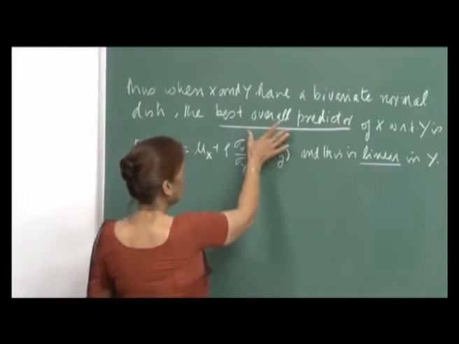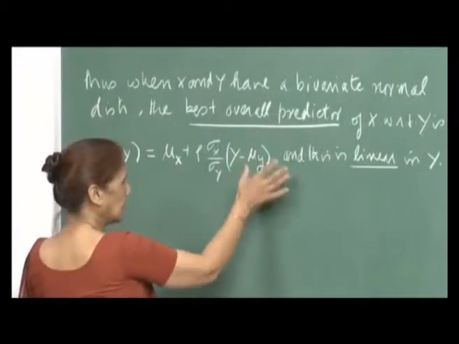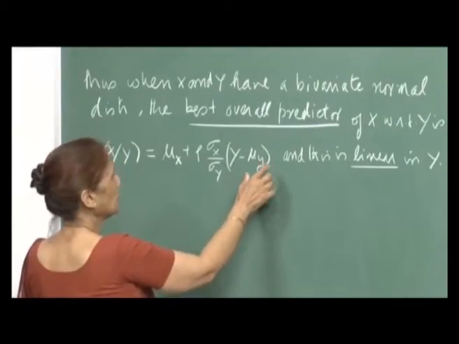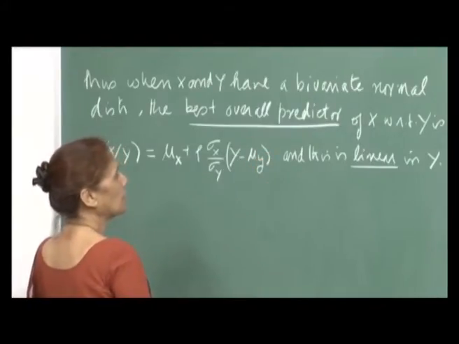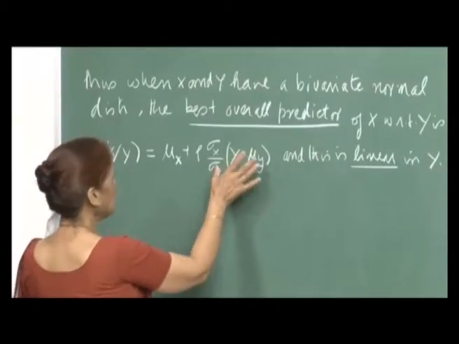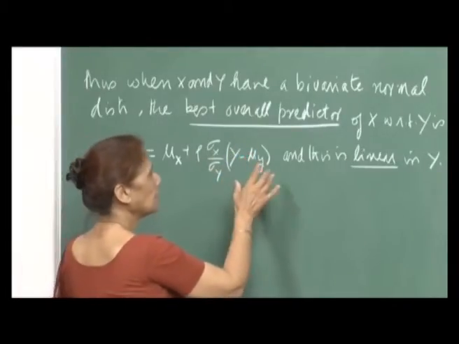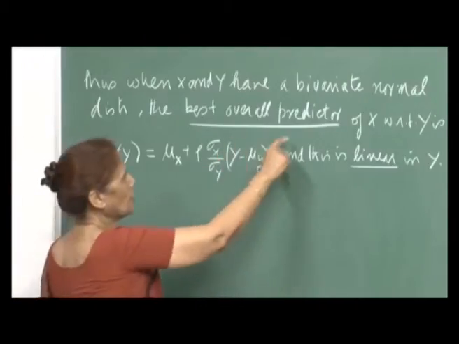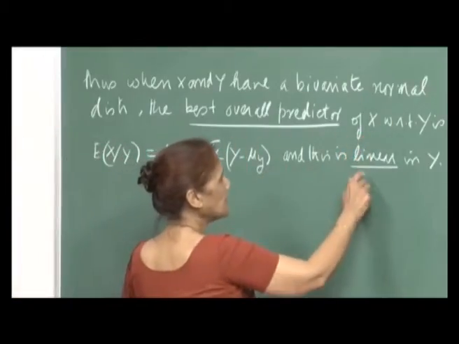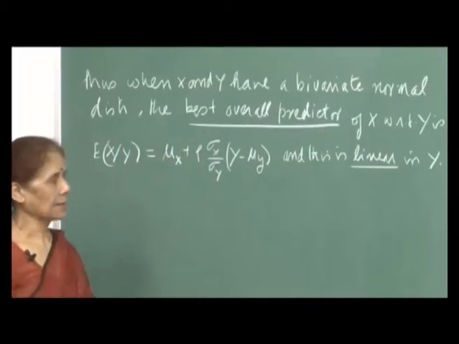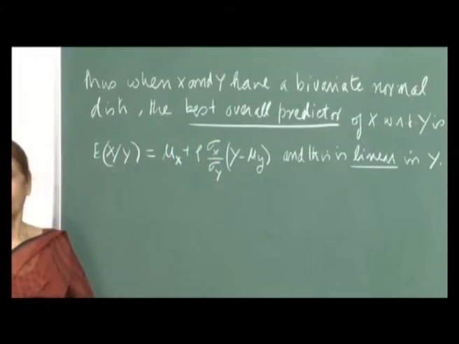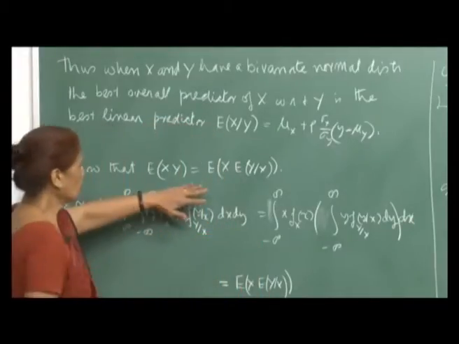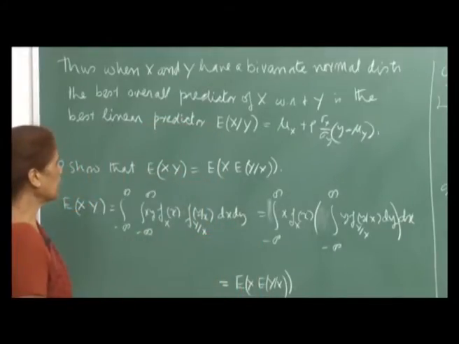Right now all we are saying is that the best overall predictor, in case x and y have a bivariate normal distribution, would be linear in y. And similarly, the best overall predictor of y with respect to x will be linear in x. Now, let us further continue talking about conditional expectation.